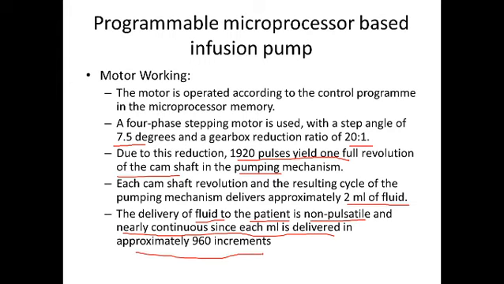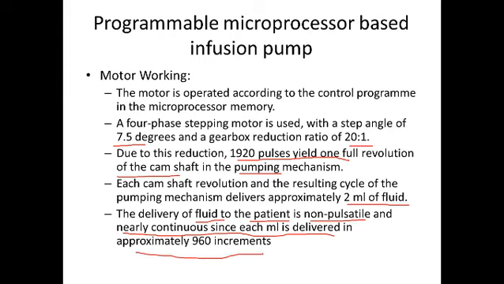So 960 plus 960 gives you 1920. For 2 ml you have 1920 pulses, and for 1 ml it is 960 pulses, isn't it? So 1920 divided by 2, for 1 ml you have 960 increments.